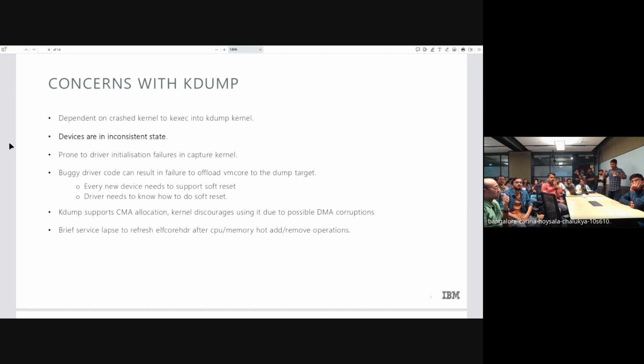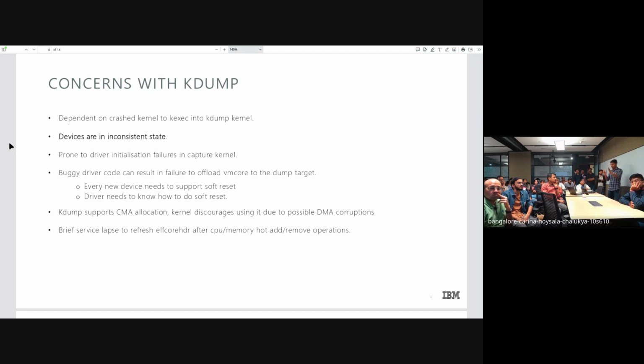And one more, the CMA issue also comes up due to these devices being in an inconsistent state, because if you reserve the second kernel region out of a CMA region, user space can be using the CMA region. So possibly there might be a DMA, direct memory access, happening.